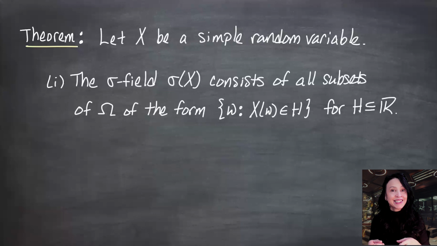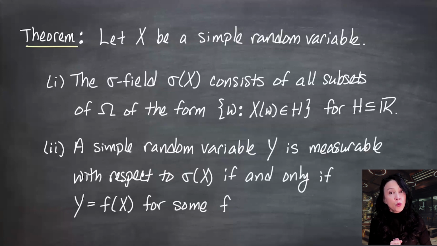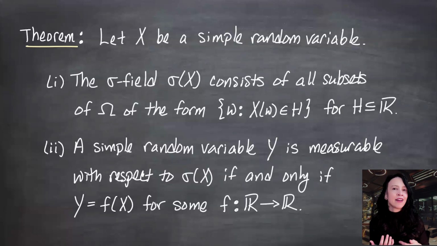The random variable creates its own sigma field, and we can talk about a new random variable measurable with respect to the sigma field created by X. And we have a property that says a simple random variable Y is measurable with respect to the sigma field generated by the simple random variable X if and only if Y can be written as a function f of X, where f goes from R to R. Again, if we're trying to prove some bigger result and we have a random variable taken out of the sigma field generated by another random variable, we can say, oh, step 1, I know it has this form, and go forward. So this is really useful.